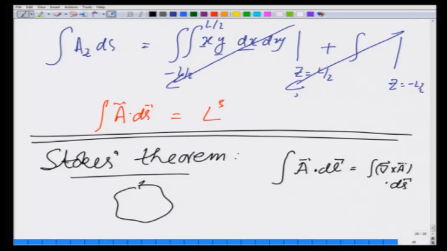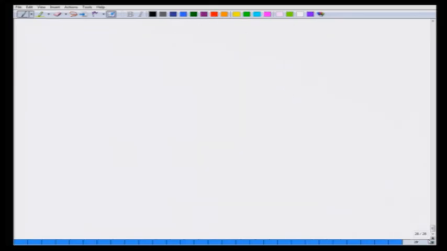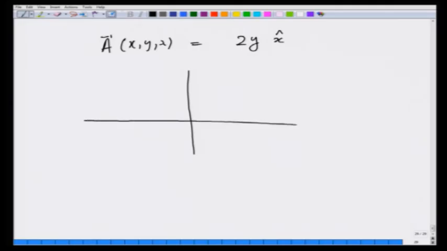So, let us take a vector field A(x, y, z), a very simple one. I am going to take this to be 2y x. Let us see how it looks. If I plot it, its direction is always in the x direction and at any point its magnitude is according to y, and it keeps on increasing as y increases.